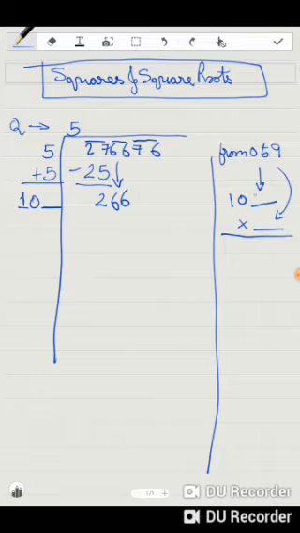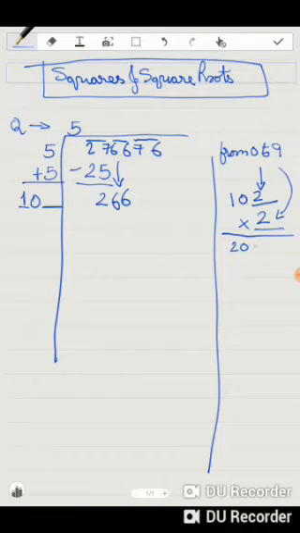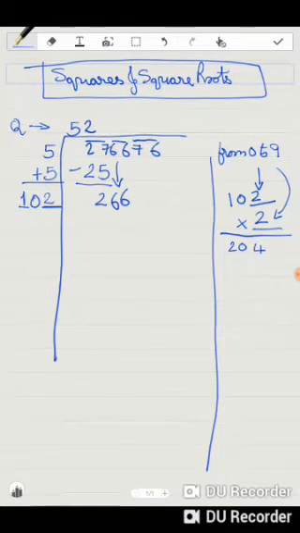Because if I put 3, I will get 309, which is greater than 266. So 102 into 2 would be 204. So I put 2 here and I put a 2 in the quotient as well. And this is 204, so I subtract it.